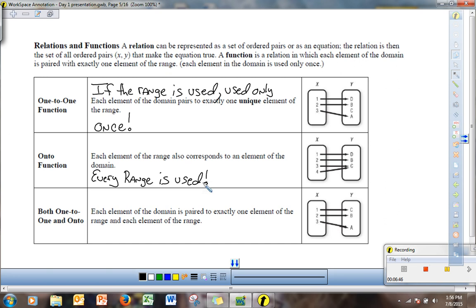It becomes both one-to-one and onto if this happens. Kind of makes sense. Onto means everything's got to be used. One-to-one means each guy only has one partner. So equal domain and range, each used once.